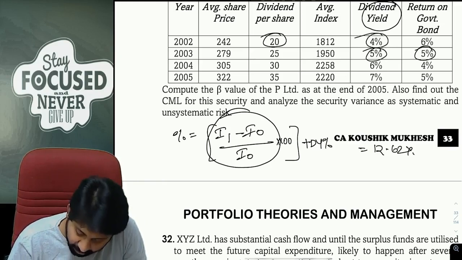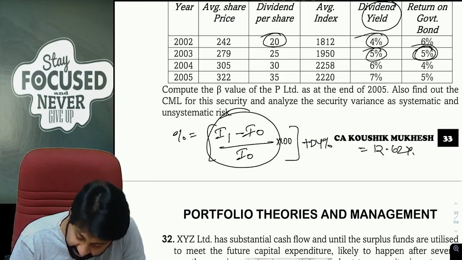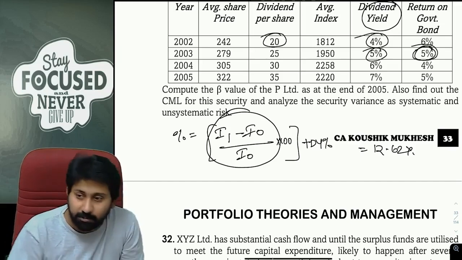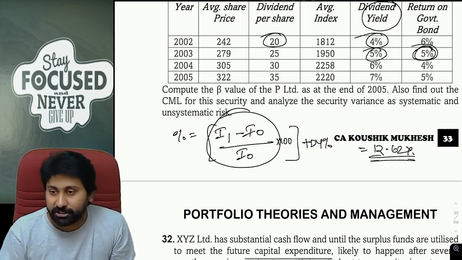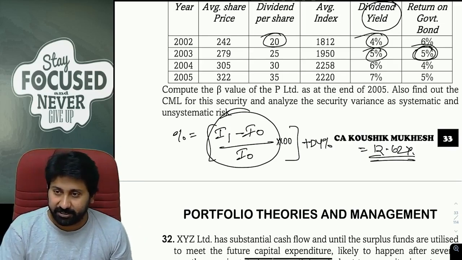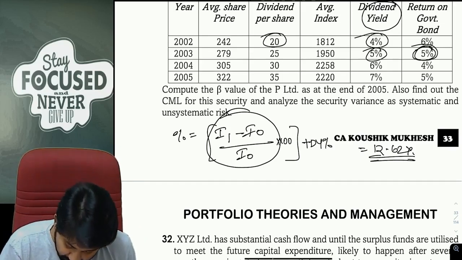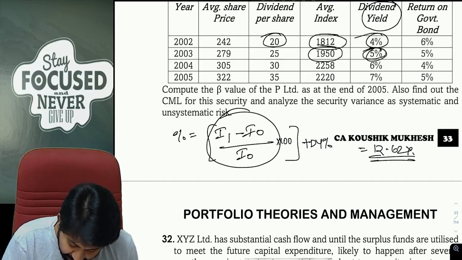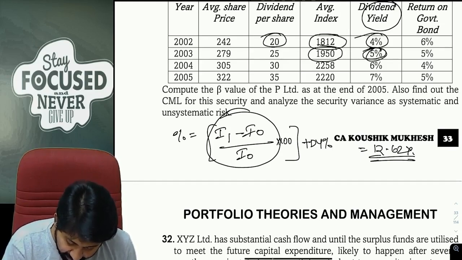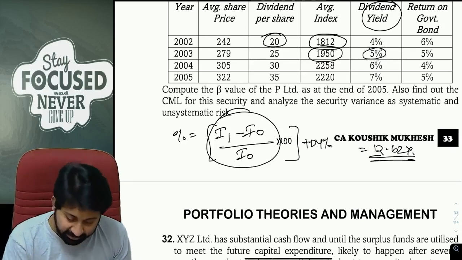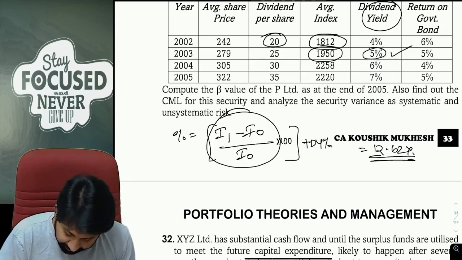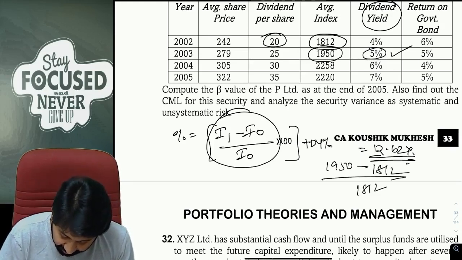I1 minus I0, whole divided by I0, into 100, plus the dividend yield of this year. So total it has become 12.62 percentage. This is the total return. So 1950 minus 1812, whole divided by 1812, into 100.